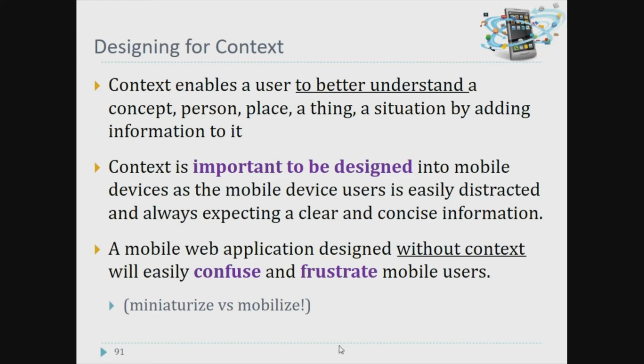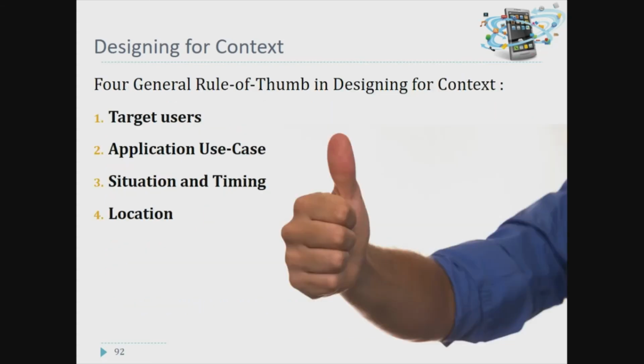As we discussed before, it is about miniaturize versus mobilize. So we want to design something that makes a better experience and makes our users feel happy when they deal with the mobile application that we have developed. So the general rule of thumb in designing for context: one, target user.